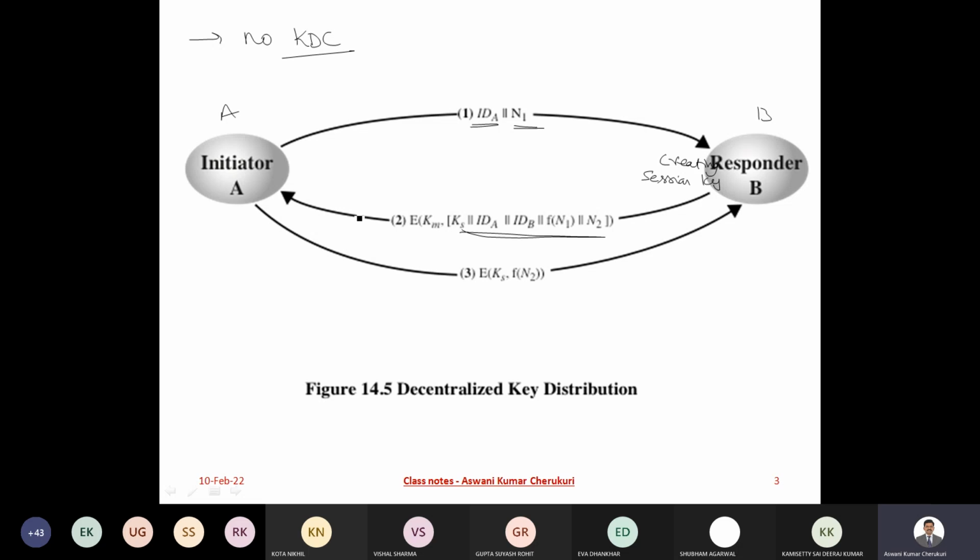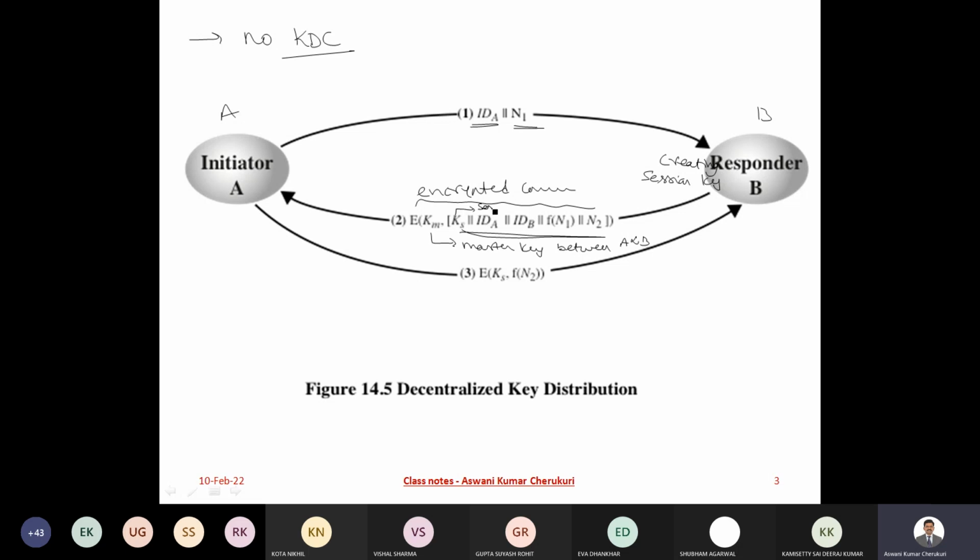B sends that particular session key to A. But how is it sending? It is sending in the form of an encrypted communication. How is it encrypted? With the help of the master key between A and B. Now, what is inside that communication?